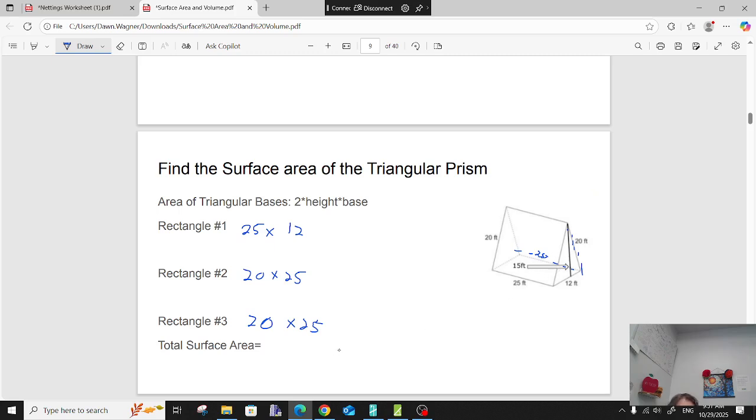And then we have a triangle, correct? Here's the triangle. What's the base of the triangle? Base is 12. What's the height? 15. So it is 12 times 15 divided by 2.